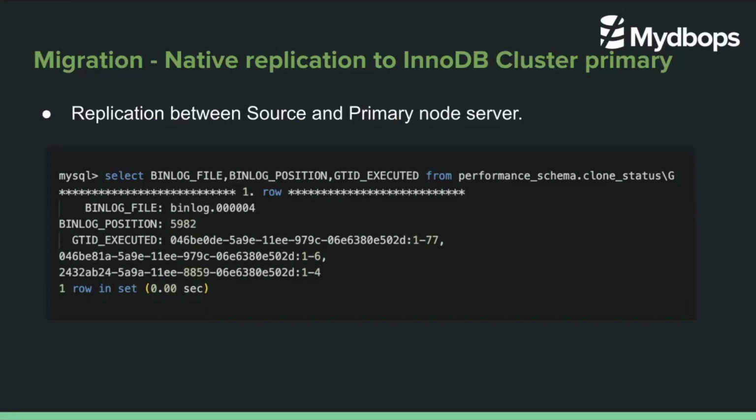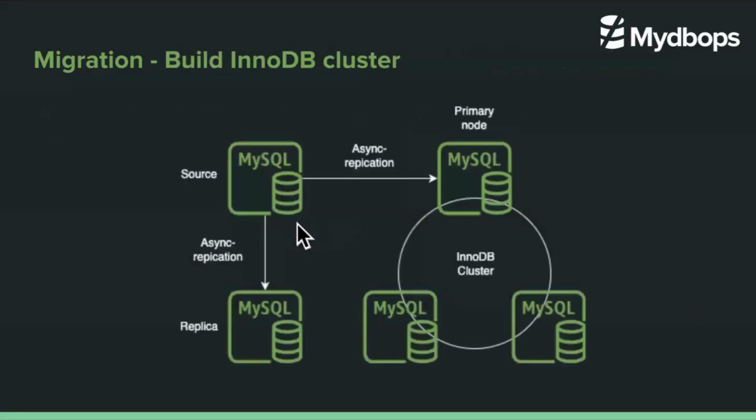We can see the binlog file, the binlog position, and the executed GTID. Using this, we can configure asynchronous replication from the native replication to the primary node of this cluster. So now the data has been migrated from the source server to the primary server.